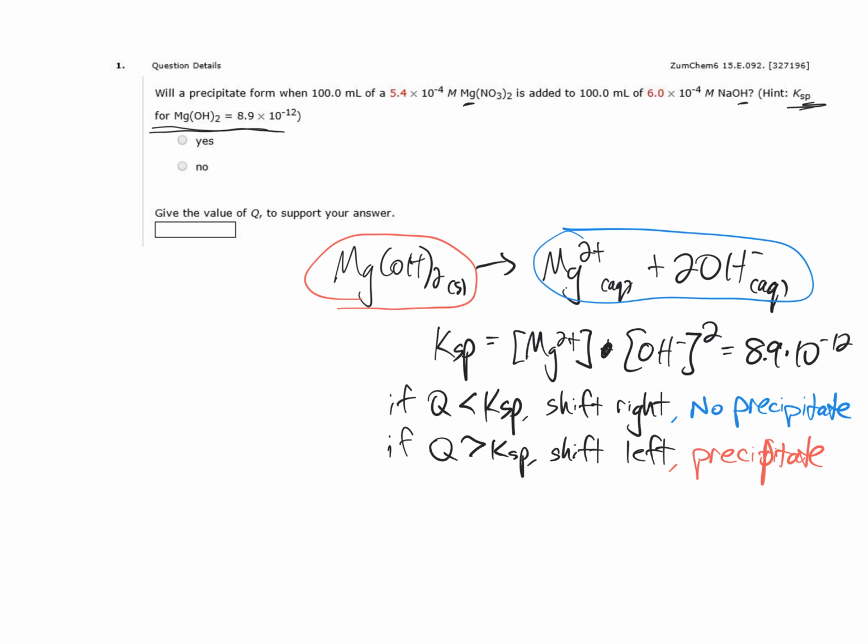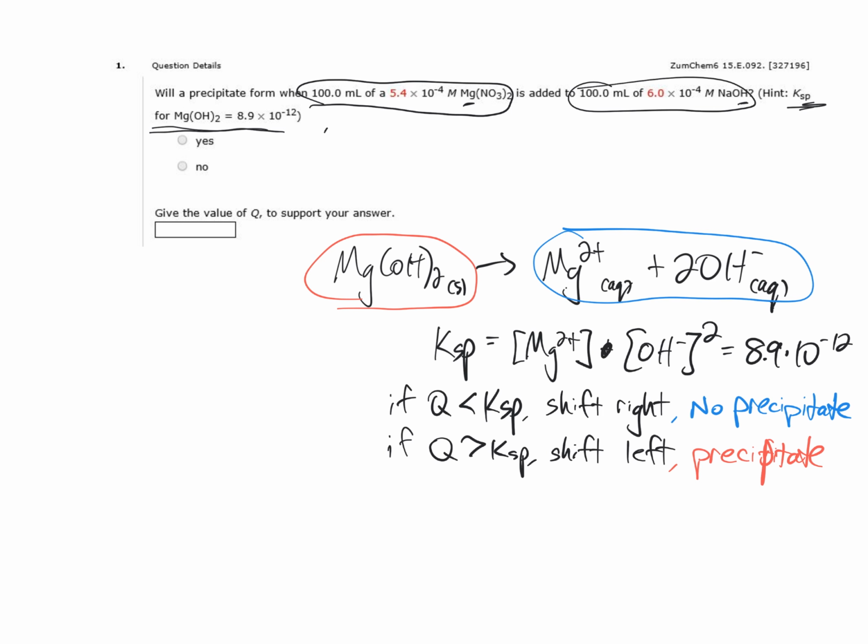Now, in order to figure out whether or not a precipitate forms, we need to do some math. So let's take a look at the two salt solutions that are being mixed together. 100 milliliters of, in my case, the red number is 5.4 times 10 to the negative fourth molar magnesium nitrate.